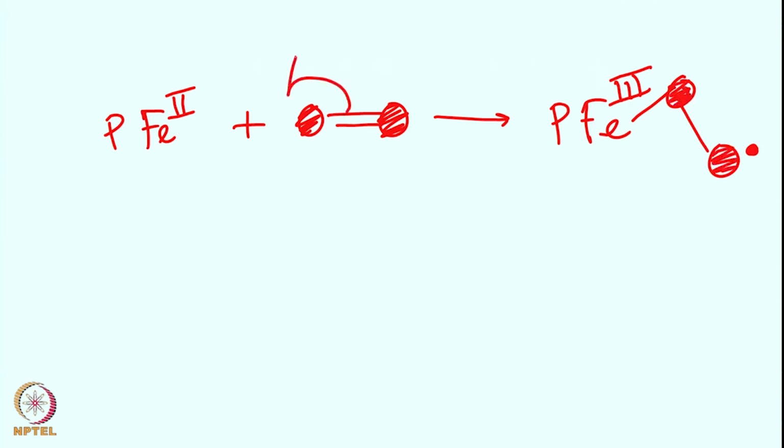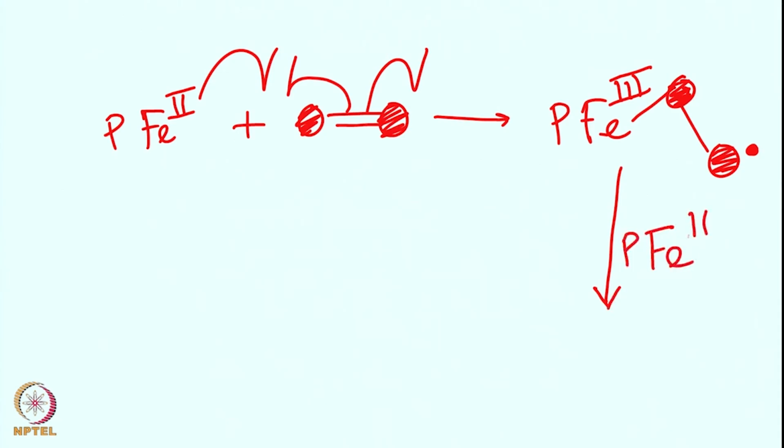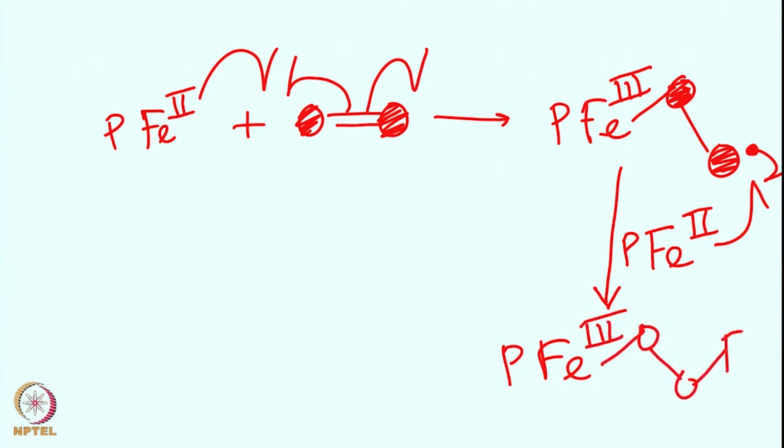Subsequently, from there another porphyrin iron 2 species comes in and gives one electron to it, and essentially it gives porphyrin iron 3 oxygen and iron 3 porphyrin species, right. So, this species can now further react.